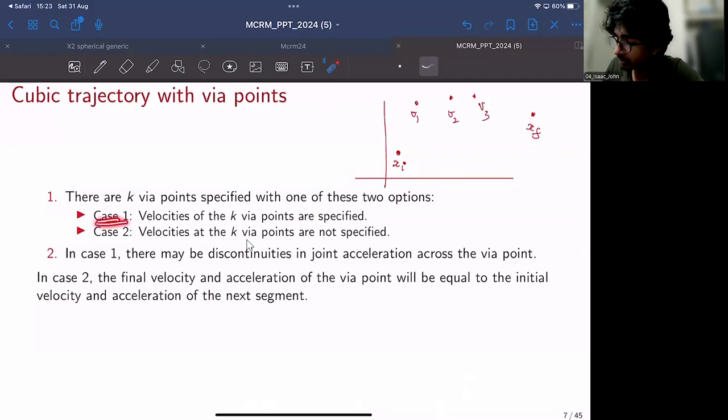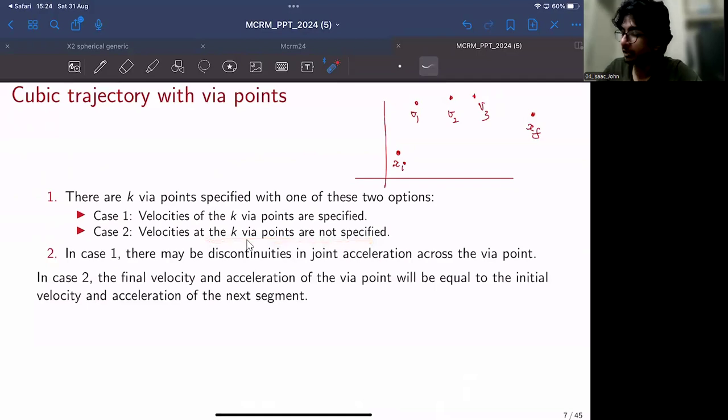In case one, the velocities are also specified. So for each via point, its position and its velocity are specified, and same for all three via points. And in case two, their velocities are not specified.